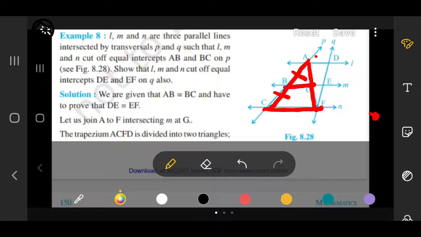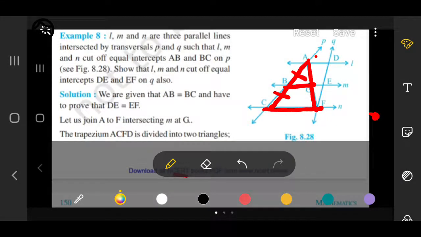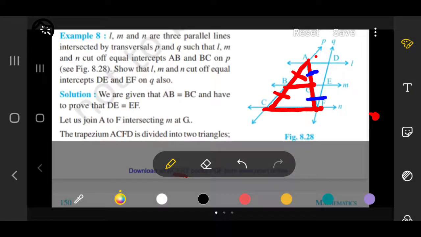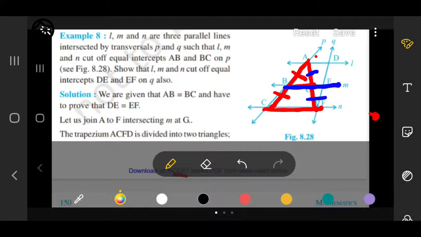AF. Then BE bisects AF, which means AG equals GF. That means this line divides AF into two equal parts. So, AG equals GF.